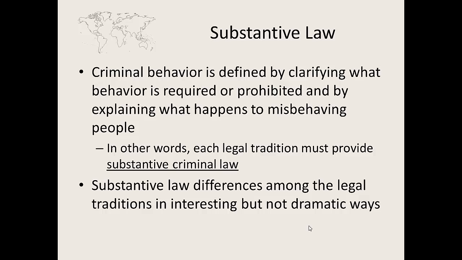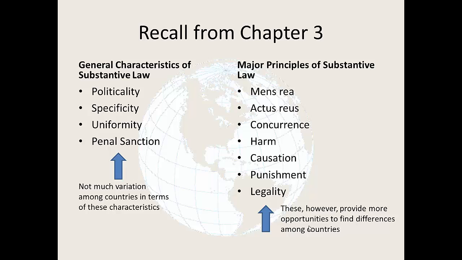Substantive criminal law differences are found among the various legal traditions, but those differences are not as dramatic as what we might think. You'll recall from Chapter 3 that we discussed substantive criminal law in two different ways. One was to refer to its general characteristics, things like politicality, specificity, uniformity, and penal sanction.